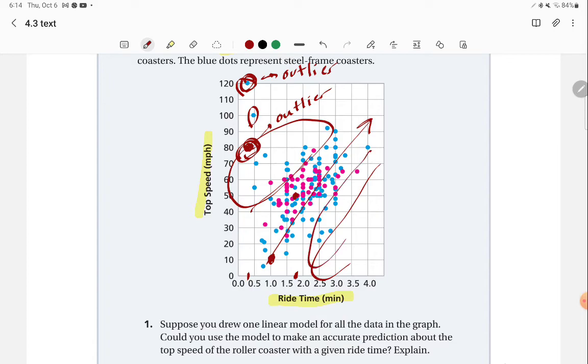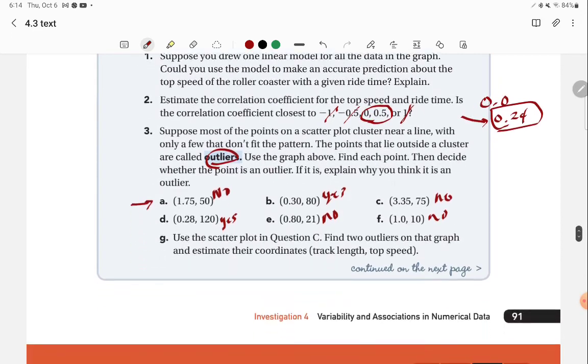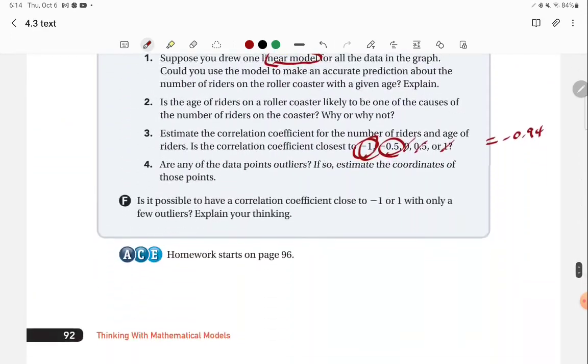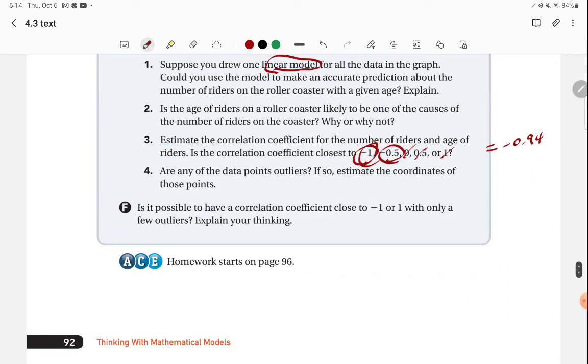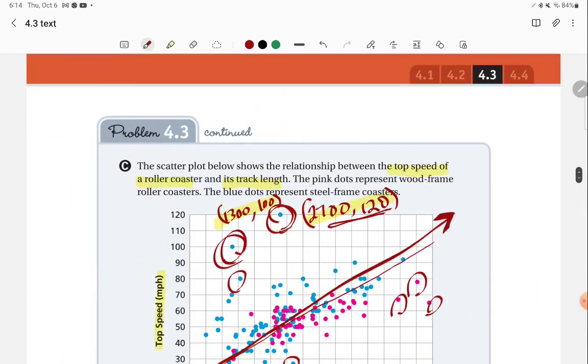Maybe some of these could be considered outliers, but all of these, so you have lots of outliers. If you have a lot of outliers, it's going to be a less strong correlation. So the answer to F is absolutely. You can have a few outliers. So make sure you explain that in your own words as to why you can have a few outliers and it still have a correlation coefficient close to -1 or 1.